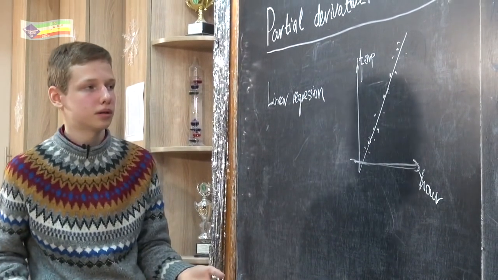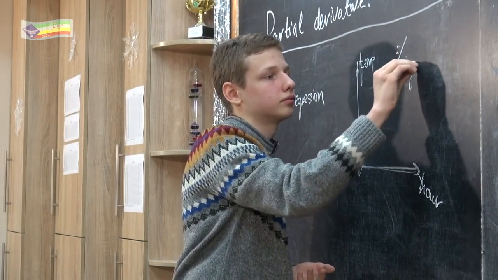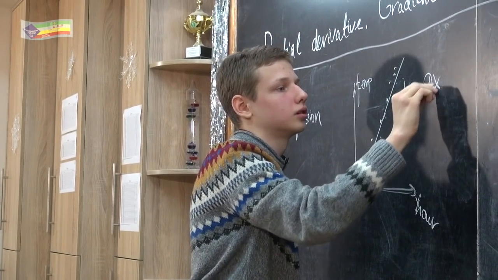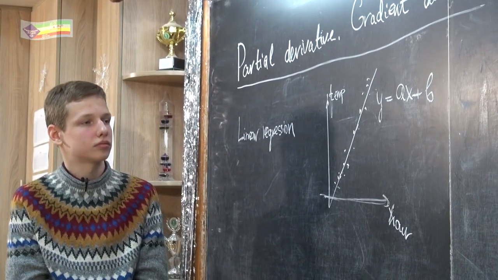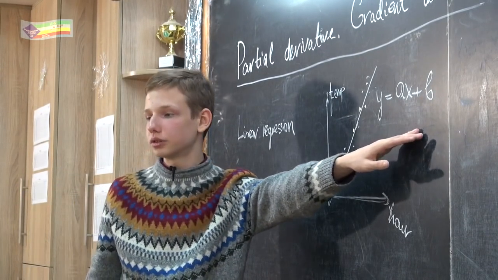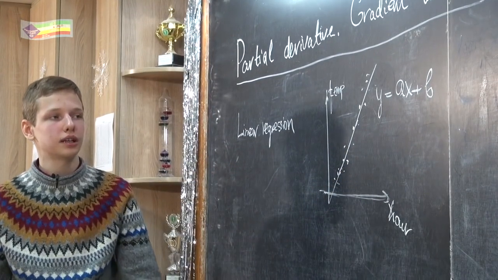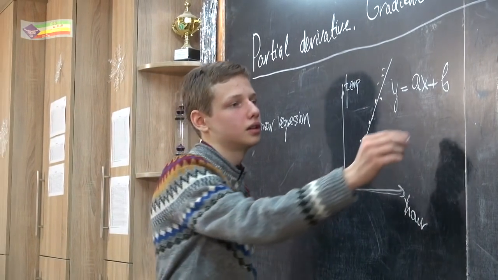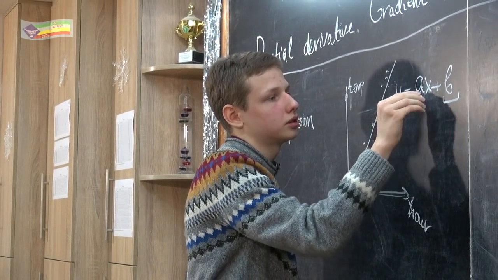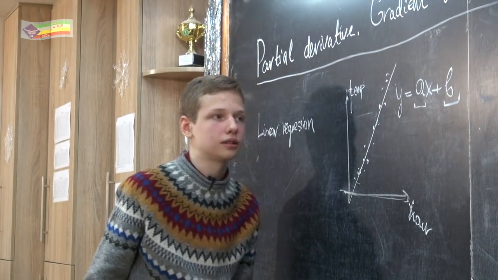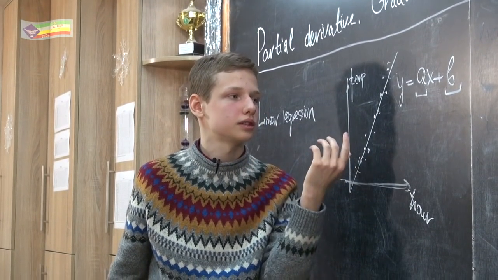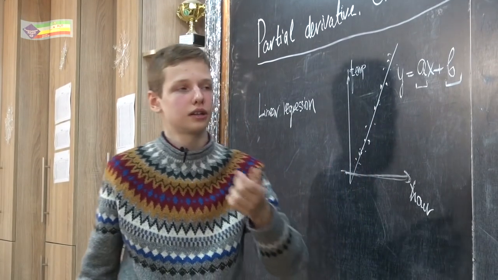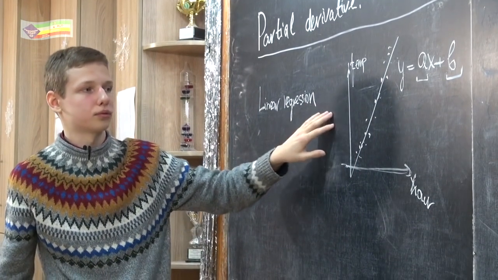And as you can remember, a linear function can be rewritten as this formula. And what we can observe here is that we have one parameter and a second parameter, and all other letters are just variables on our graph.